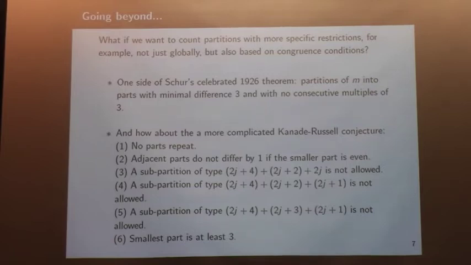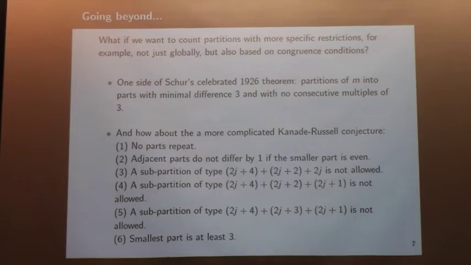Yeah? So is disallowing a subpartition of this type, can you state that in the language of pattern avoidance? Yeah, okay. So we're just going to talk about that, but since you asked, this just means that if the largest part of the subpartition is even, 2j plus 4 is just an even number, we are forbidding the pattern 2 immediately after that.